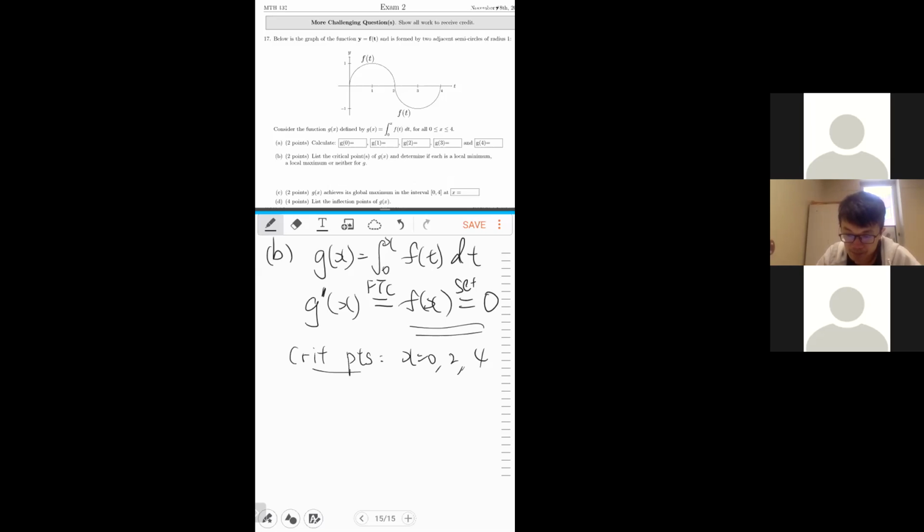Which one is the local min? So for x equals 0, is it a local max or a local min? 0 is a local max, and why is it?